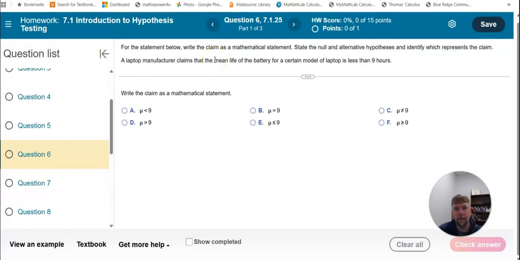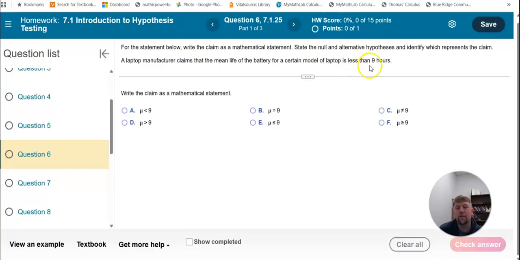All right, one of the big things that's important as we start to get deeper into chapter 7 is being able to translate the English language that we're given, the words, into a mathematical summary of that. So there I can see mean, so that's why I'm using the Greek letter mu here. That's the population mean. Is less than, right? So less than implies strictly less than, not or equal to.